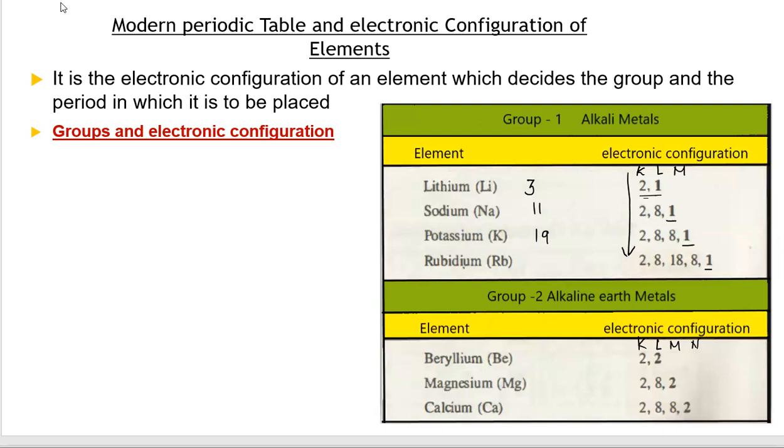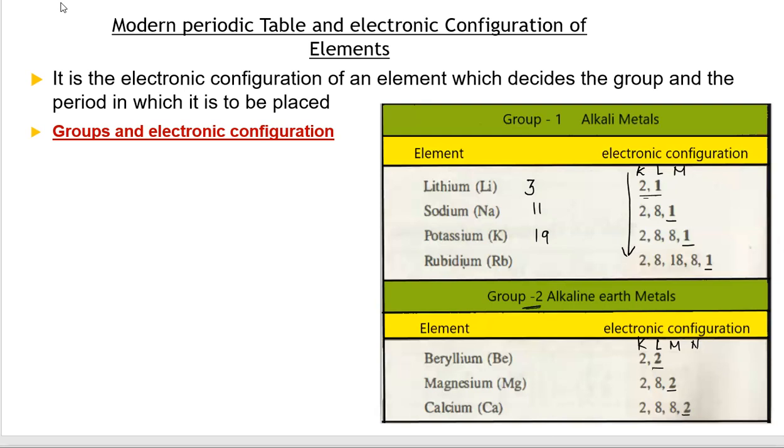Magnesium 2, 8, 2, atomic number 12, number of shells 3. Calcium 20, 2, 8, 8, 2, 4 shells are there. But the number of electrons, or valence electrons, is 2. The number of electrons in the outermost shell is the same, and we said it belongs to group 2.